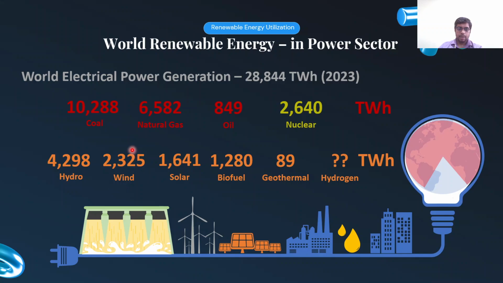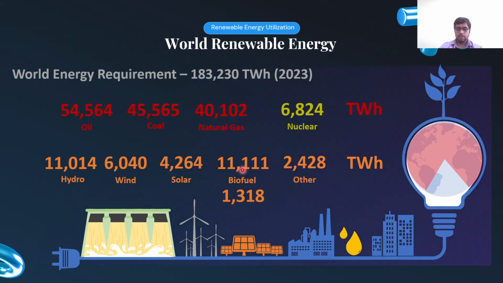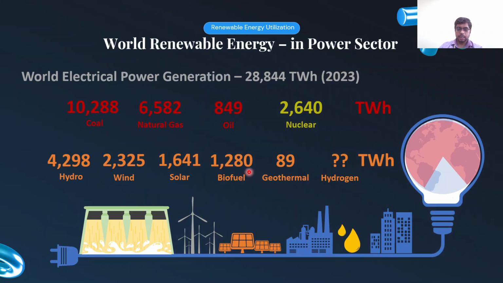The wind contributes 2,300 terawatt hours, and the solar 1,641 terawatt hours. And the biofuel is mainly going for heating and cooking and so on, so the electricity generation from biofuel is only 1,280 terawatt hours.